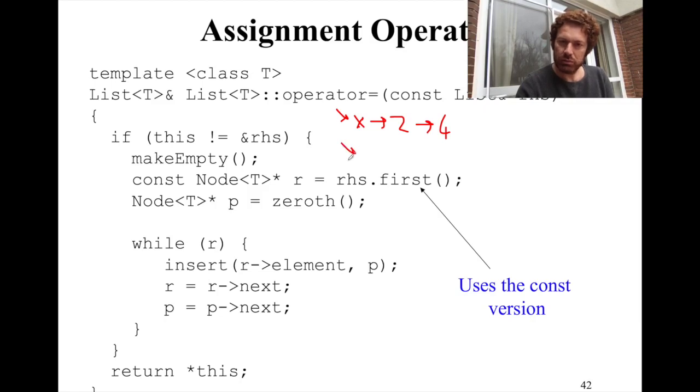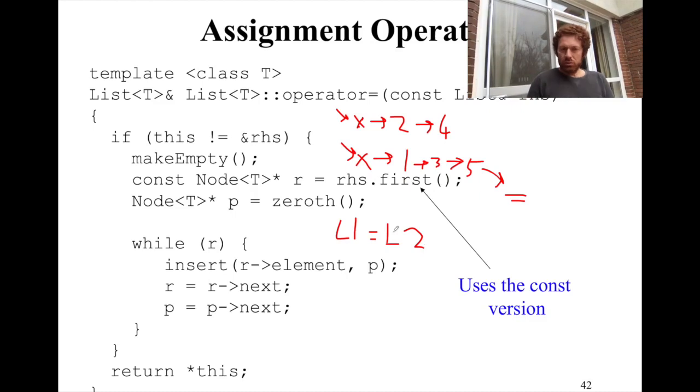And L2 again starts with a dummy head. It holds odd numbers like 1, 3, 5. Their sizes don't have to be the same, obviously. So after this statement L1 is equal to L2, I want L1 to be holding odd numbers.